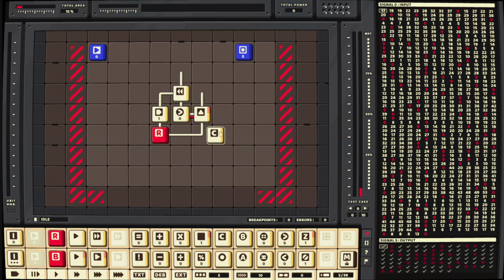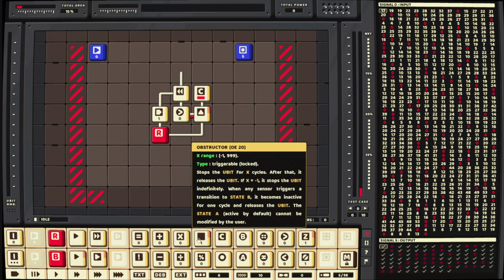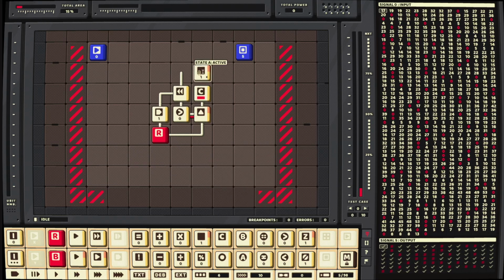Well, okay, so let's colorize this here as red. And have, I think, an obstructor set to -1 right after it. Right?